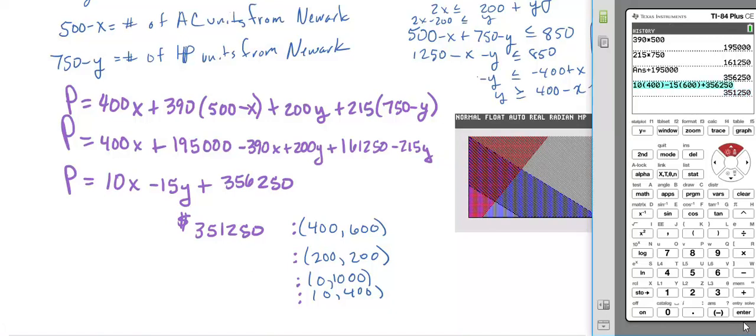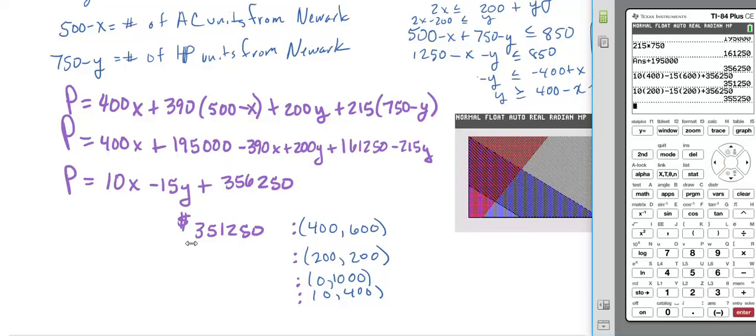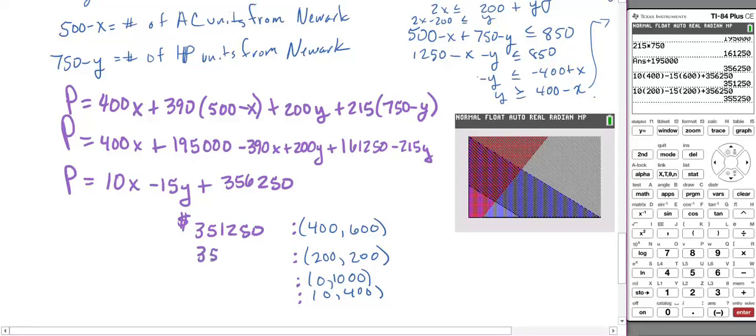Let's try the point 200, 200. What I can do here is just copy my function from before. I replace the 400 and 600 with 200s, and I get $355,250 profit.